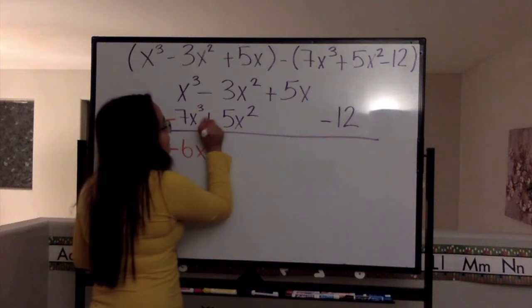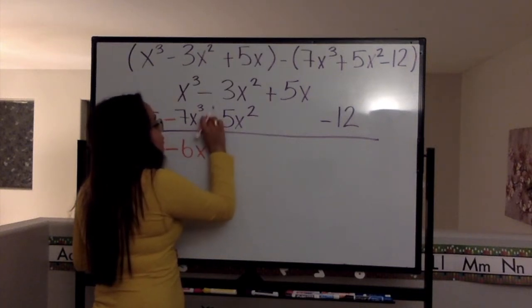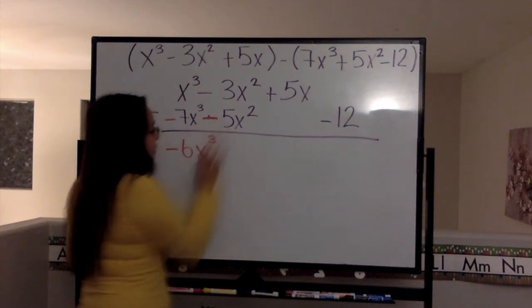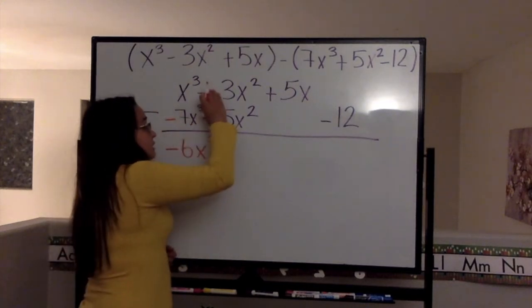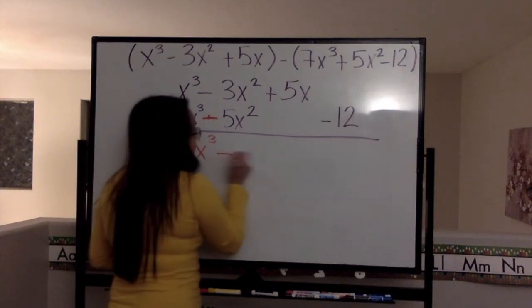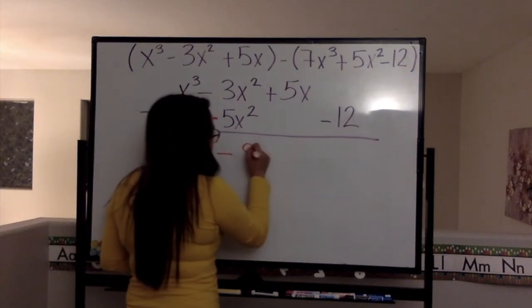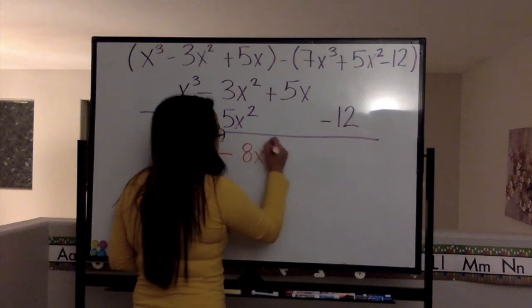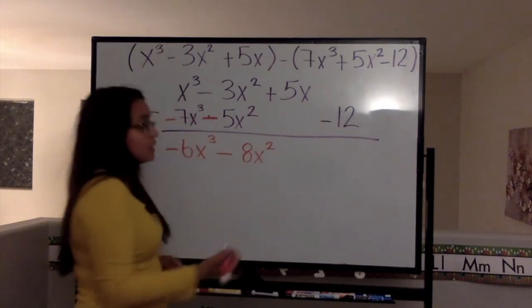Now here, we have a negative and a positive. That automatically changes this into a negative number. So we get rid of that positive. Now that means that this is going to be combined into negative 8x squared, okay?